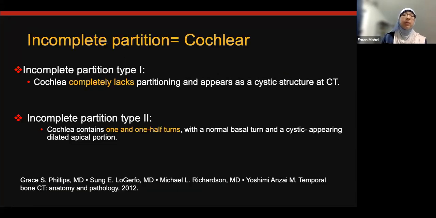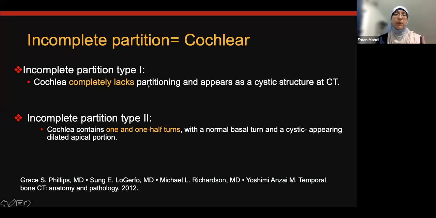Next is what's called the incomplete partition, and really the incomplete partition is related to the cochlear partition. The cochlea has 2.5 turns: the basal turn, then the middle, and then the apical turn. The middle and the apical turns can give you a coffee bean appearance, and you should always have the basal turn.